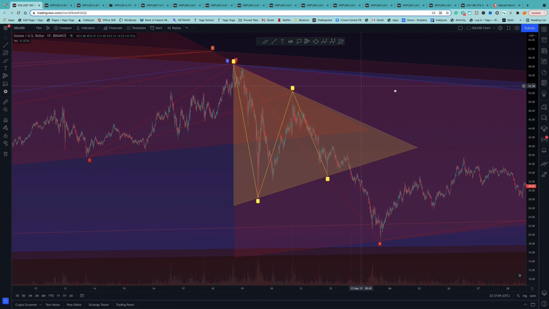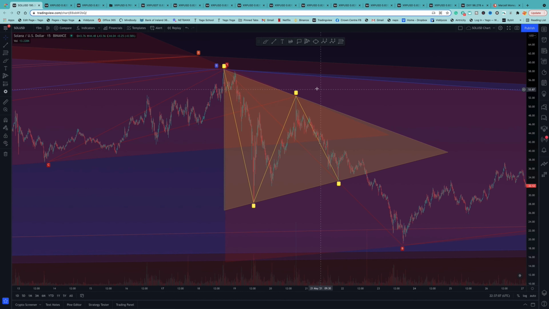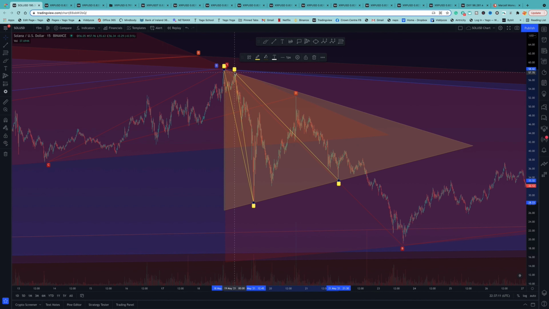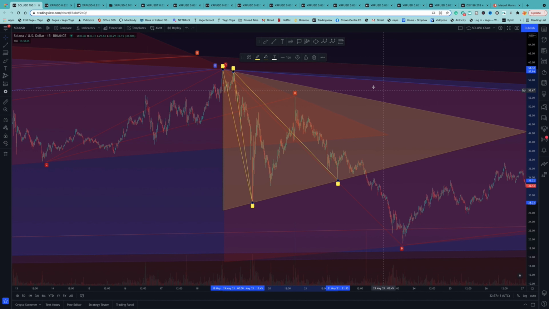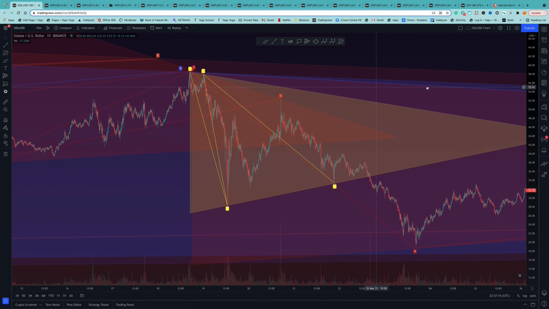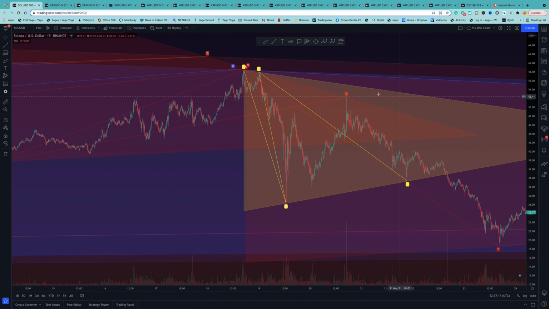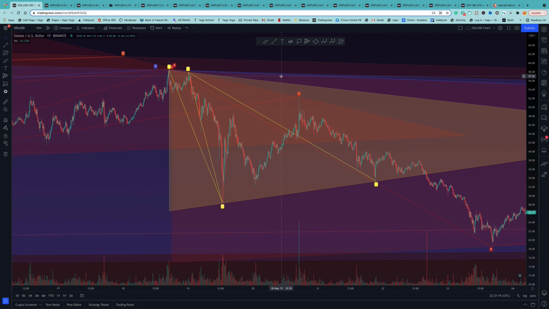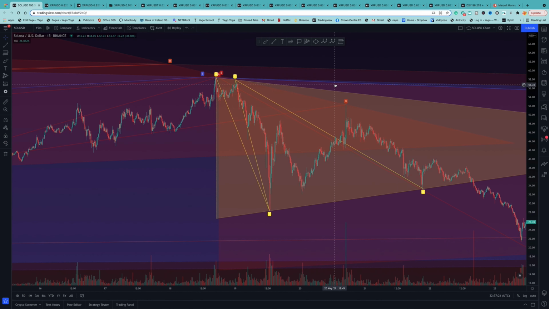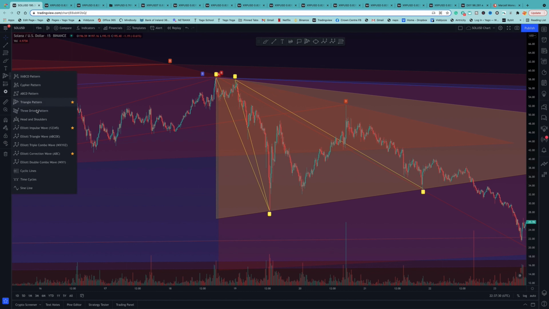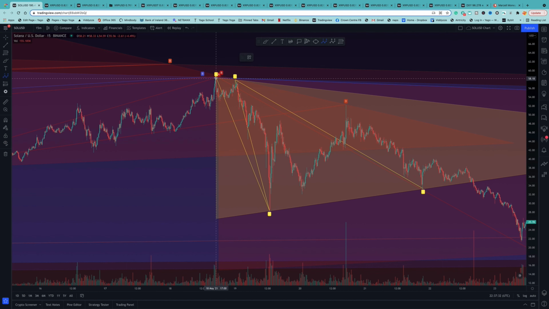Now we are still following the same pattern. I'm going to have to put this up here to fit this in. Okay. So now just to show you, when you zoom in on this, we're still following the impulse waves. It's just we're zooming in to a smaller and smaller time frame.